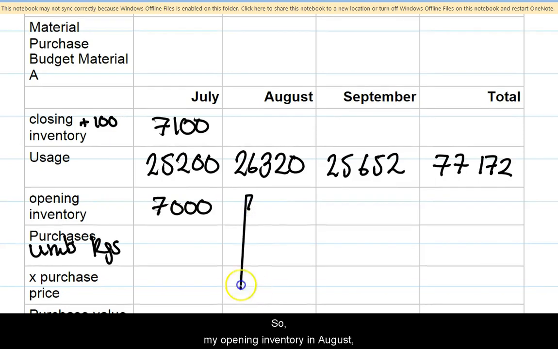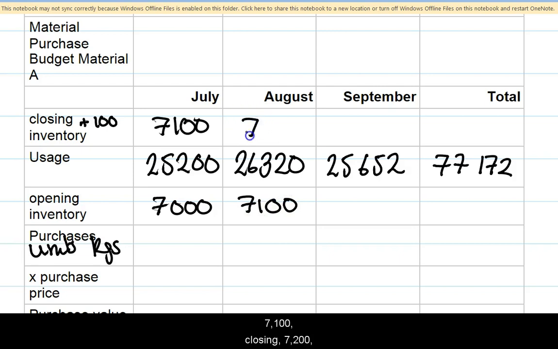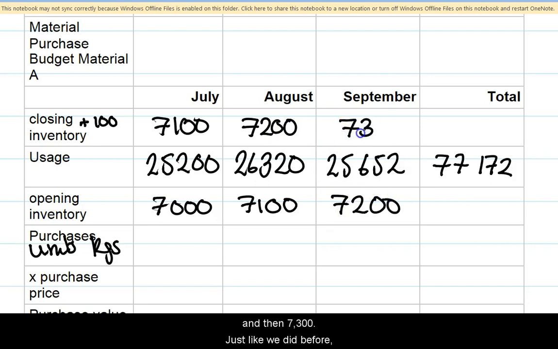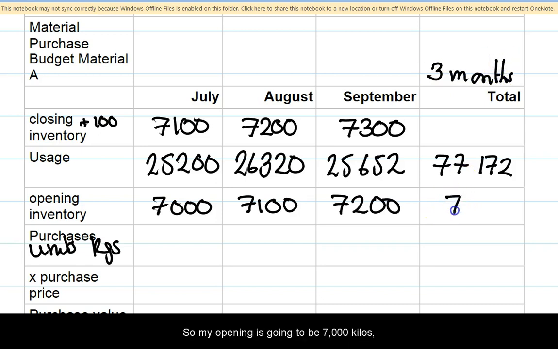So my opening inventory in August 7,100, closing 7,200, and then 7,300. Just like we did before, on our total column we're looking at 3 months. So my opening is going to be 7,000 kilo and my closing is going to be 7,300.